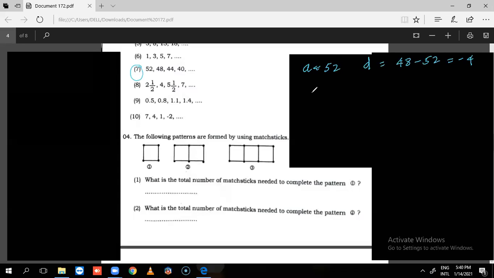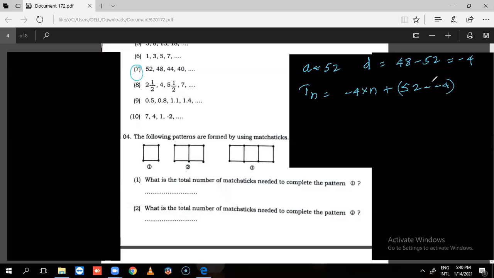Then general term Tn equals common difference minus 4 into n plus first term 52 minus, minus 4. So minus into minus is plus, it is plus. Inside the bracket I will write 52 minus minus 4.